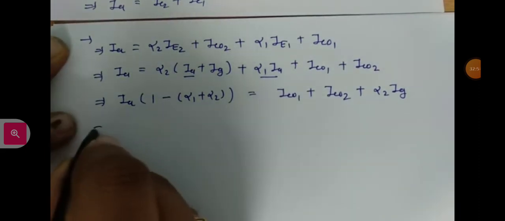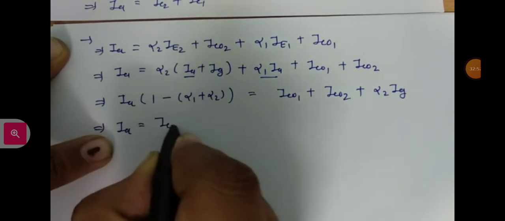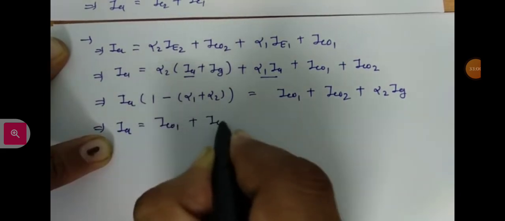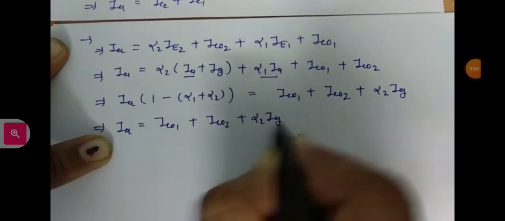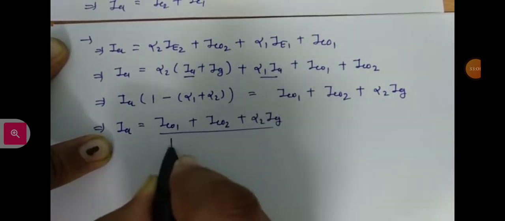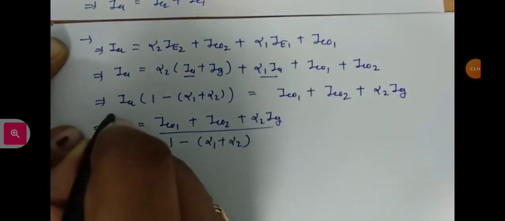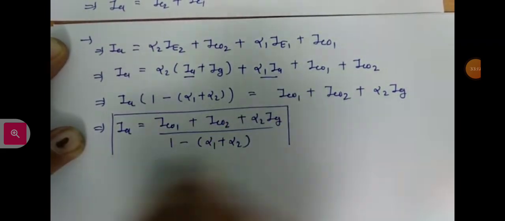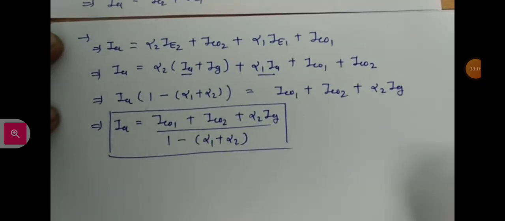So ultimately we'll be having the final formula of anode current, that is ICO1 plus ICO2 plus alpha 2 IG divided by 1 minus alpha 1 plus alpha 2. So this will be the anode current.